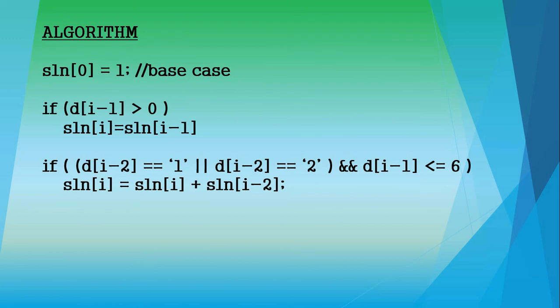Here we are just checking whether the digit represented by the current cell and the digit represented by the previous cell, when taken together, are less than or equal to 26 and greater than or equal to 10. If so, then we have a new possible decoding, and like we discussed, we are adding the value of the current cell to the value of the cell represented by the index I minus 2.